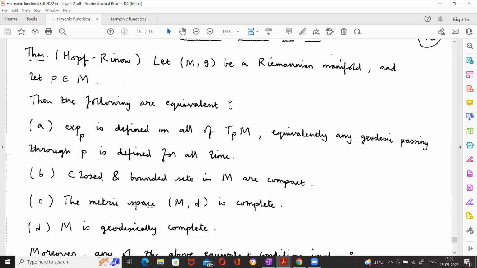A implies D. A says that geodesics passing through a fixed point P are defined for all time, and D says that all geodesics passing through all points are defined for all time. Obviously D implies A, but the converse implication is also true. So for completeness, you just need to check that geodesics passing through one point are defined for all time.